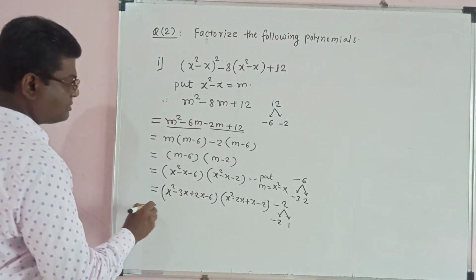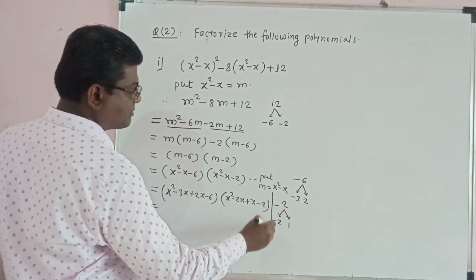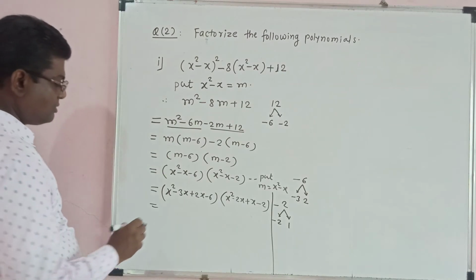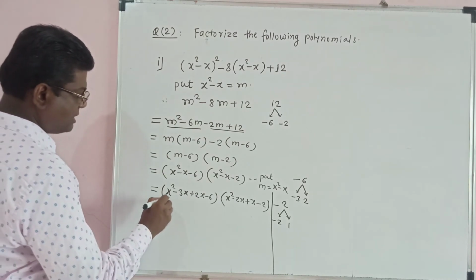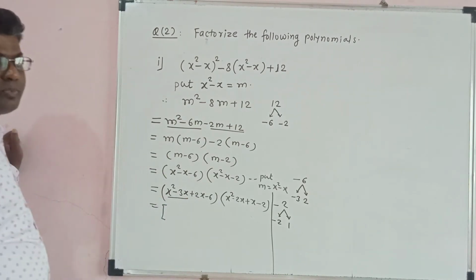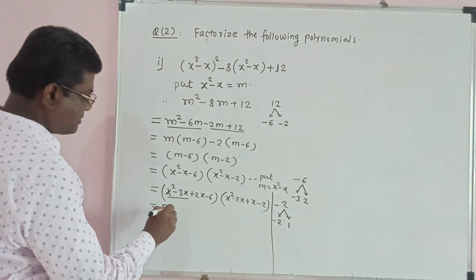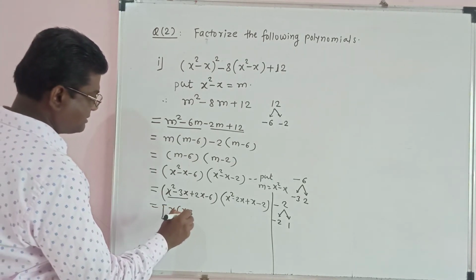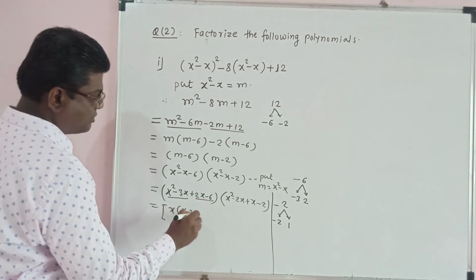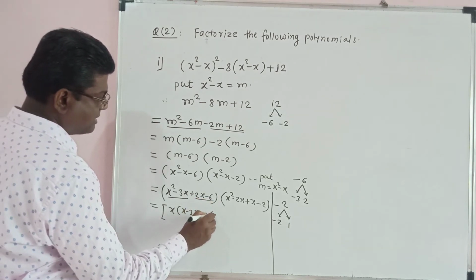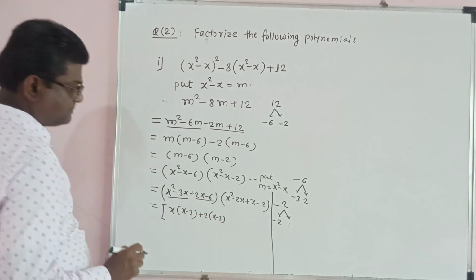So is equal to, in square bracket, now we take x common from these two terms, therefore x in bracket x minus 3, we can take a 2 common, 2 in bracket x minus 3.